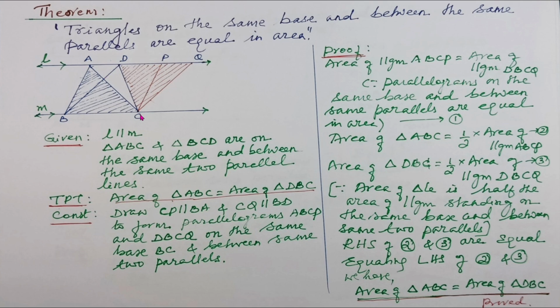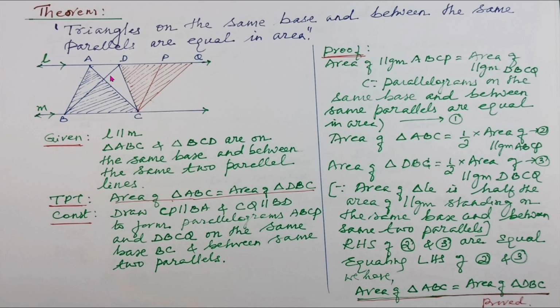Now if you observe carefully, AC is the diagonal, and triangle ABC is congruent to triangle PCA. Two triangles are congruent here. Therefore the area of triangle ABC is 1/2 of the parallelogram ABCP, and so also CD is the diagonal of the parallelogram DBCQ, and therefore the area of triangle DBC is 1/2 of the area of the parallelogram DBCQ.